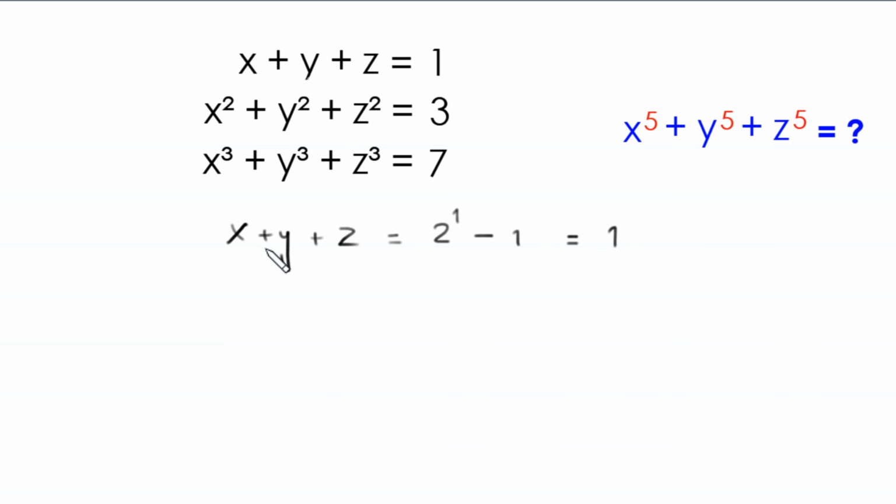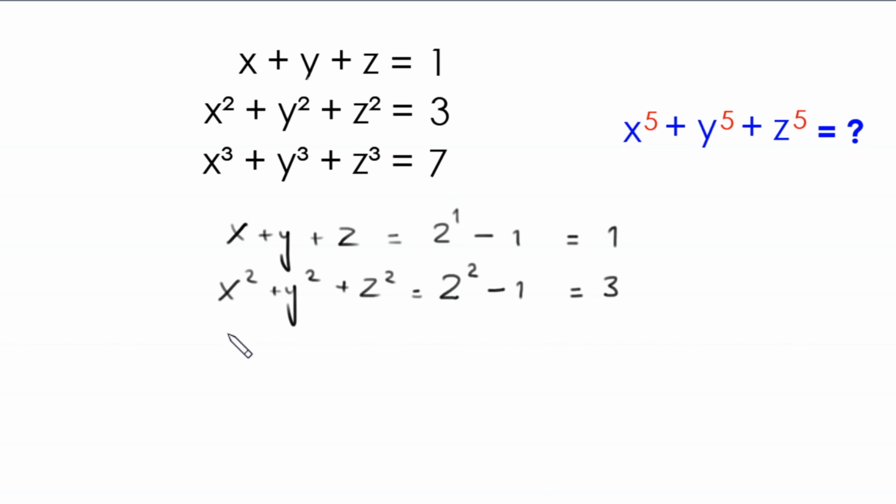And the second power sum, x squared plus y squared plus z squared, is equal to 2 to the power 2 minus 1, since here we have power 2. That is exactly equal to 3.